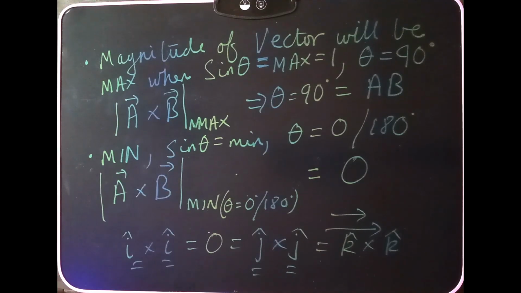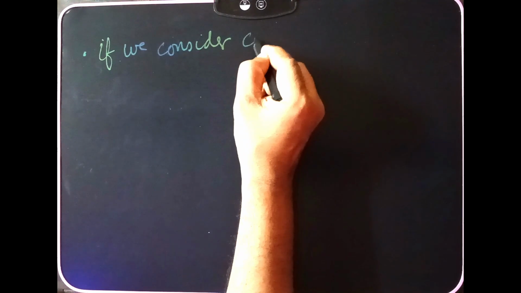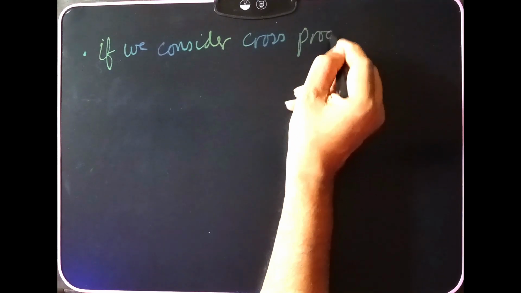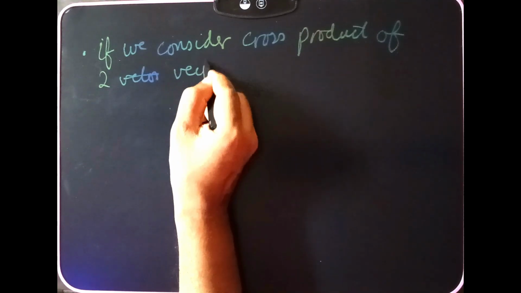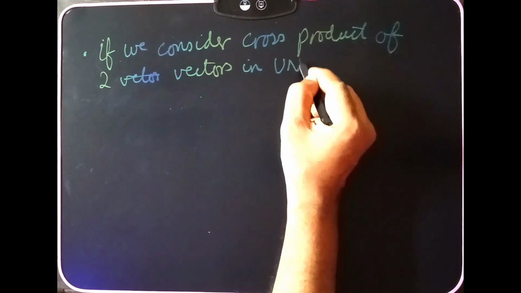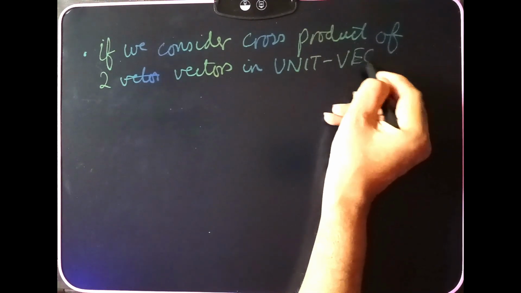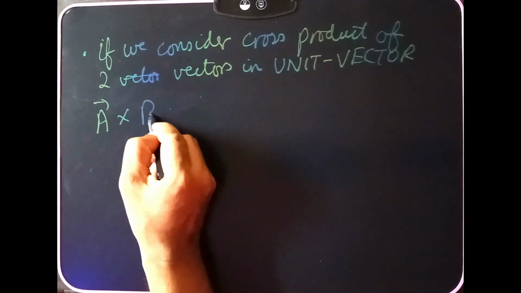Now let us consider another case. If we consider the cross product of two vectors in unit vector notation, then we can write A cross B in the unit vector notation.